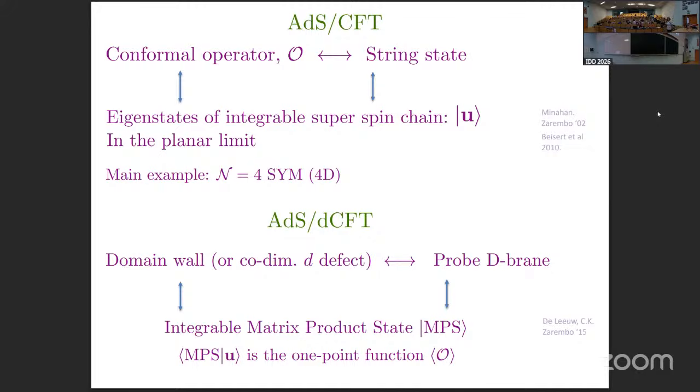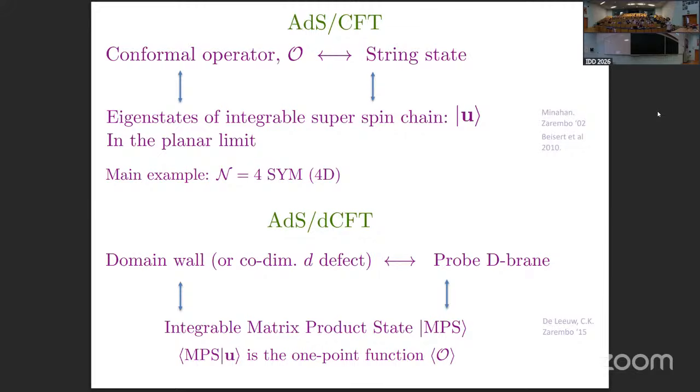And the eigenstates of such a chain are denoted as u because it's normally expressed in terms of some rapidities, which are denoted as u's. And this relation to the spin chain holds in the planar limit of the field theory or the non-interacting limit of the string theory. And the main example is in 4 dimensions where the field theory is N=4 super Yang-Mills.